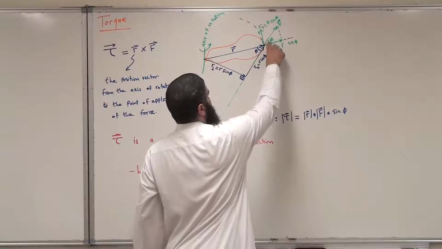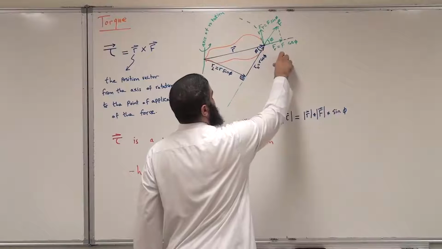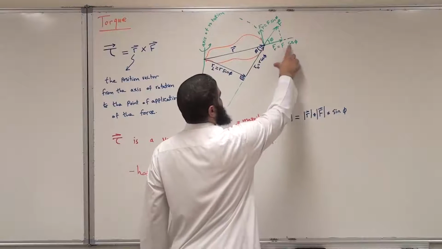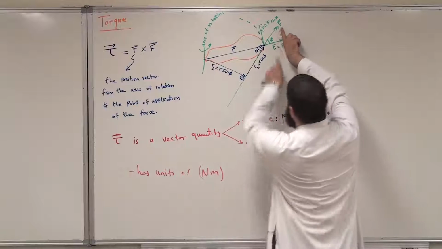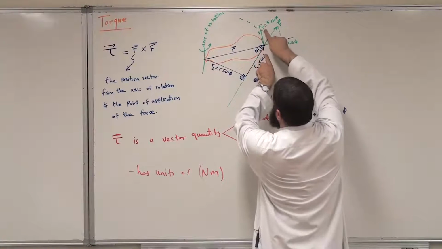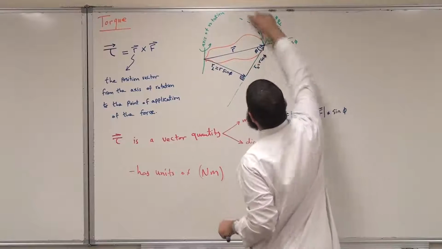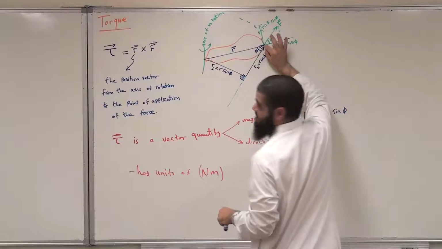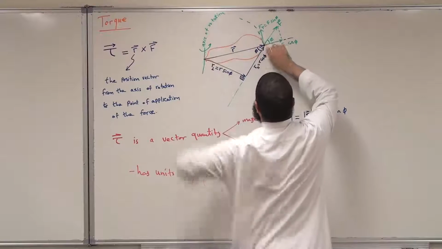Because of this angle phi, the adjacent component is F cosine phi. And the other component, which is opposite to phi, is the tangential component, Ft. We call it Ft because it is tangential to the rotational motion of this point, tangential to the circular path.